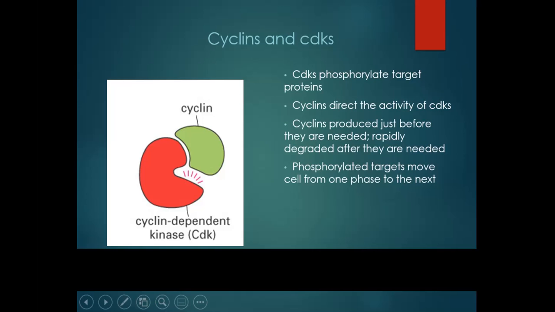Okay? Cyclins are only produced just before they're needed, and they're rapidly degraded after they are needed. They then allow the CDKs to phosphorylate targets that will move the cell into the next phase of the cell cycle. Once they're into the next phase, the cyclins get rapidly degraded.